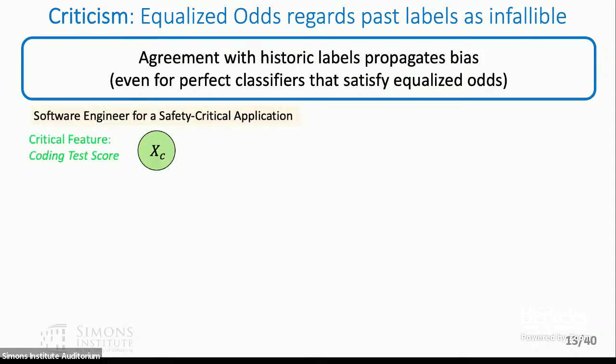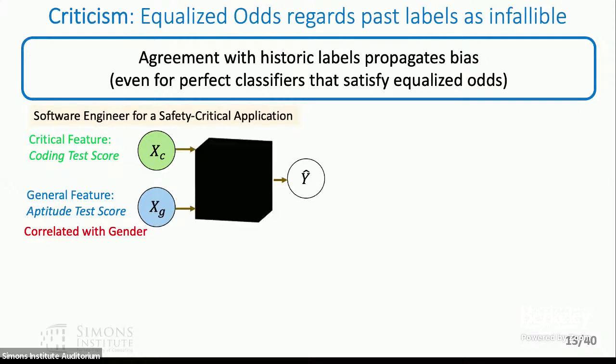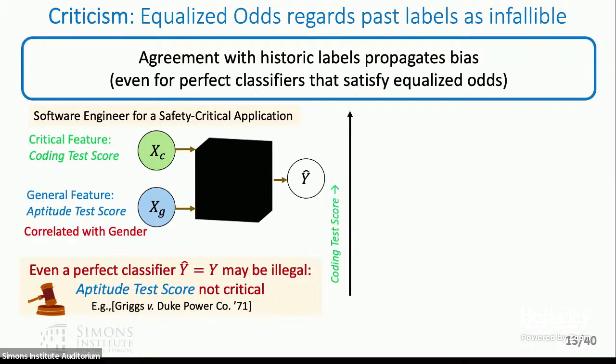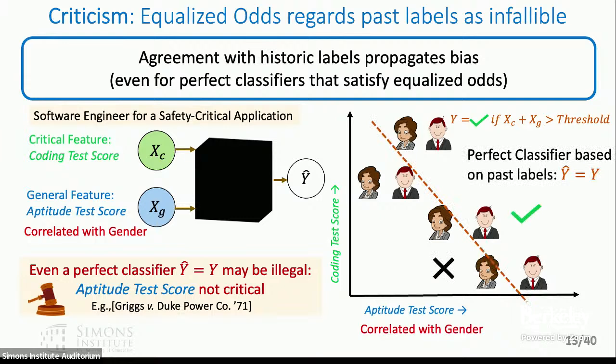So we again go back to the same example. And this time, let's say the aptitude test score happens to be correlated with gender. The points are all perfectly separable, and we learn a perfect classifier using these historic labels. But this could still be criticized because here the disparity that we observe is arising due to aptitude test score, which is not really a critical feature.